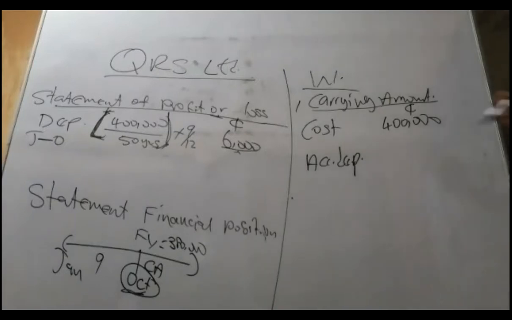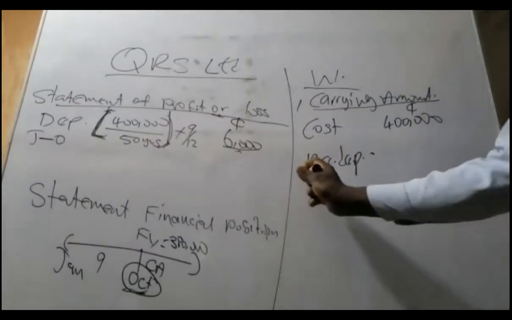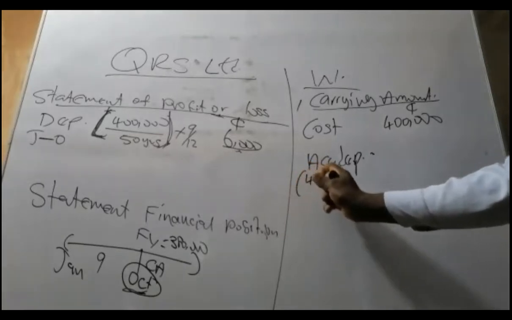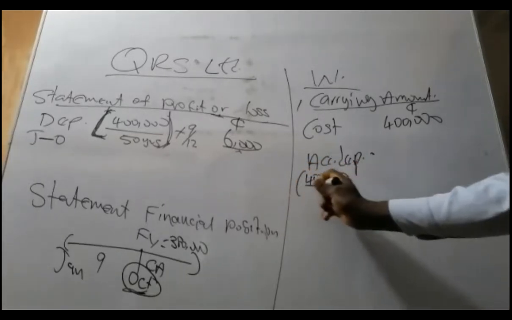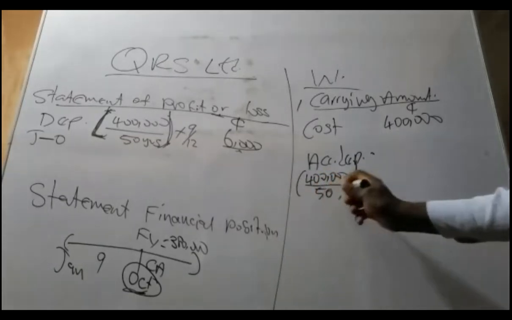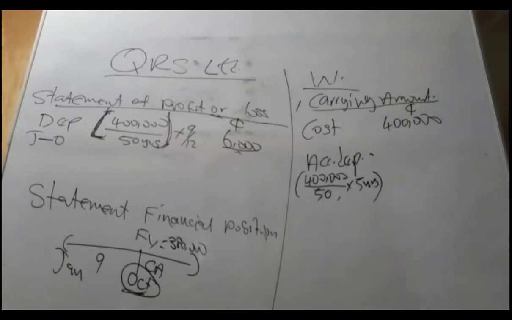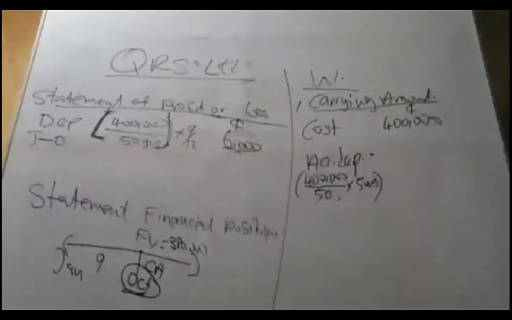So first, we can calculate the 5-year depreciation first. So let's calculate the 5-year depreciation. So the 5 years depreciation will be 400,000 divided by 50 times 5 years. Good. Then that will give us, if 9 months is equal to 6,000, then 5 years will be, so let's work this together.